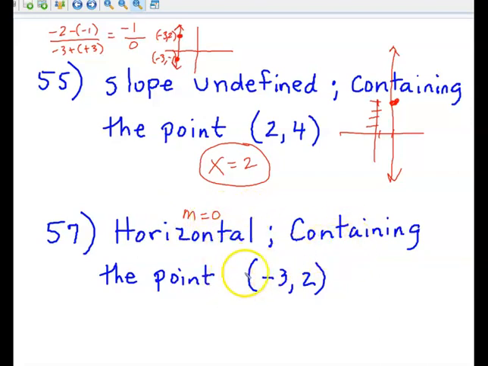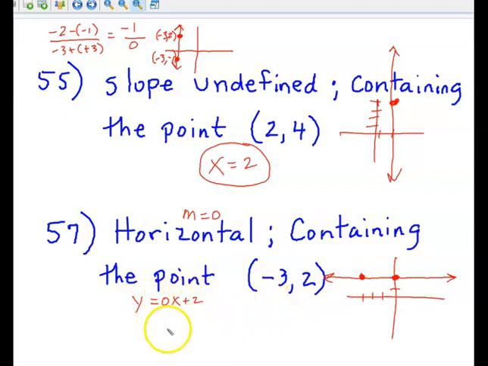This particular horizontal line contains the point negative 3, 2. So it's completely horizontal going through that point. As you can see, there are two ways of looking at it. Every y-coordinate on this line is 2, and you can also see that it's going to cross the y-axis at 2. So in slope-intercept form, it would look like this, and in simplified form, it would be that.